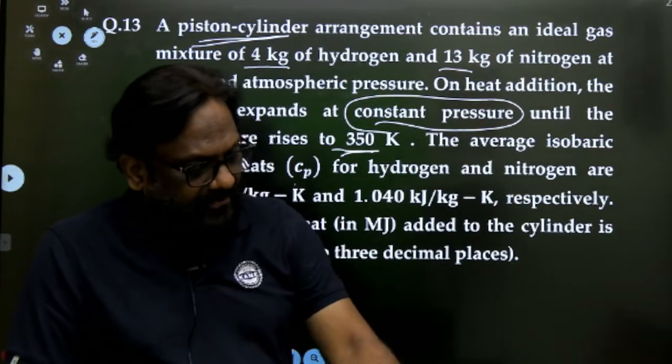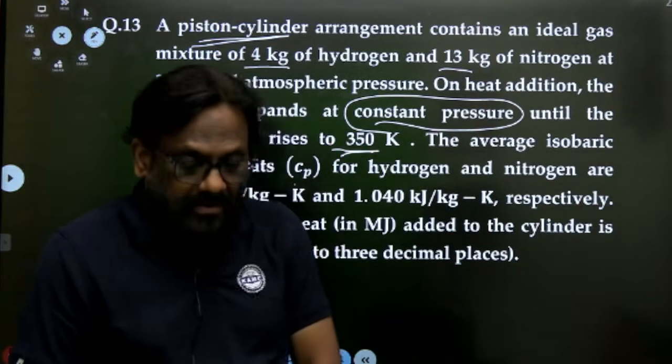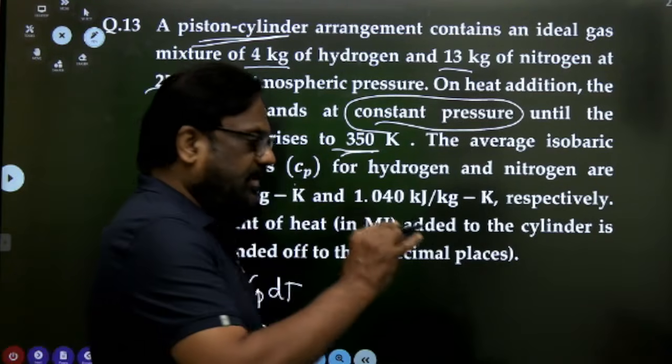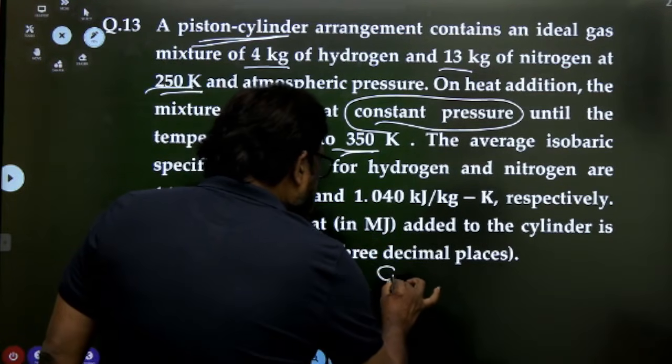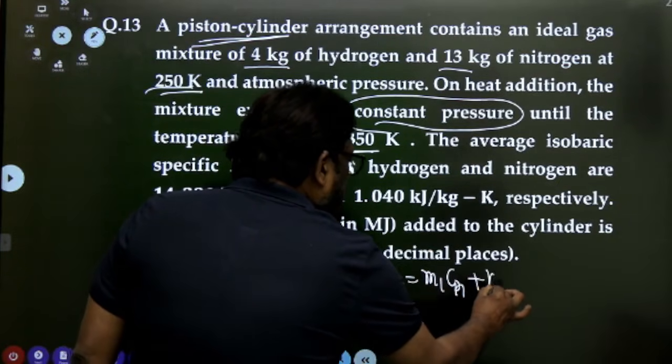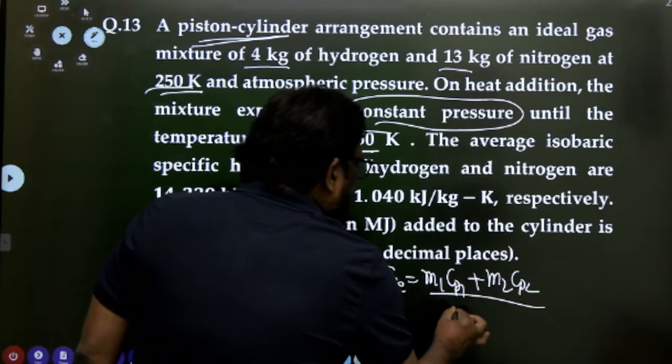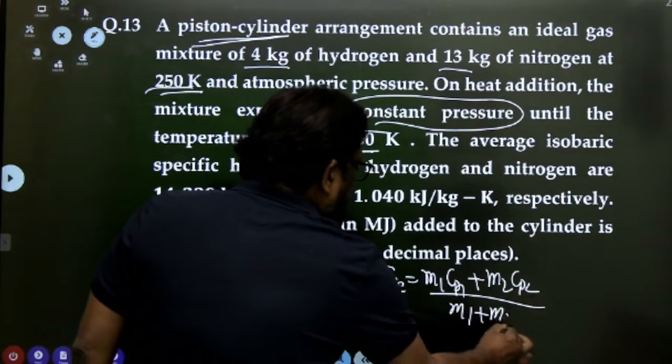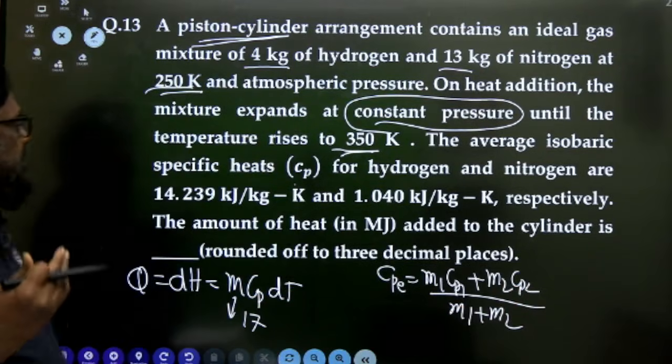In class I derived the equivalent specific heat: (m1 Cp1 + m2 Cp2)/(m1 + m2). Let us calculate the equivalent specific heat.